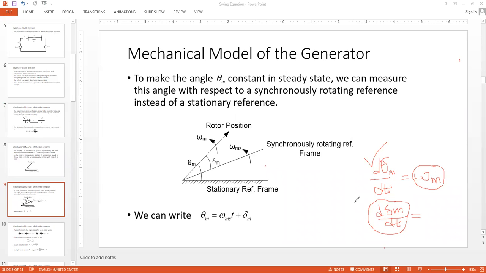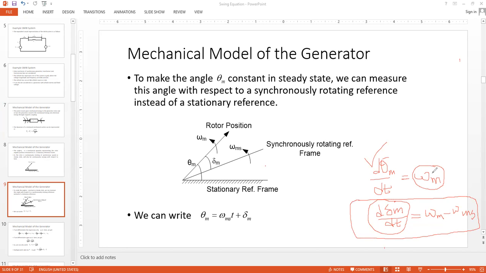There is no theta ms. There is omega ms. Omega ms, minus. This is relative speed, so either you write omega m minus omega ms, or you write omega ms minus omega m. This is relative speed. There should be two different speeds.